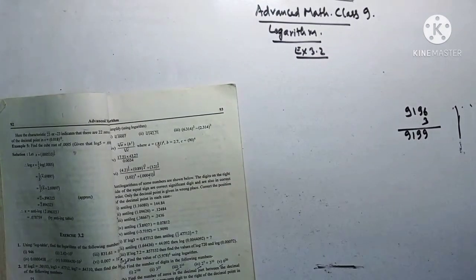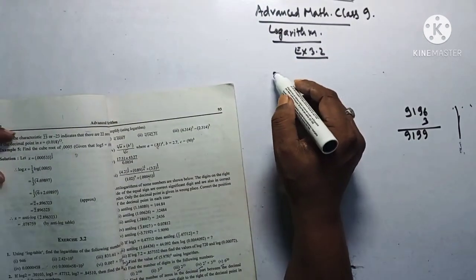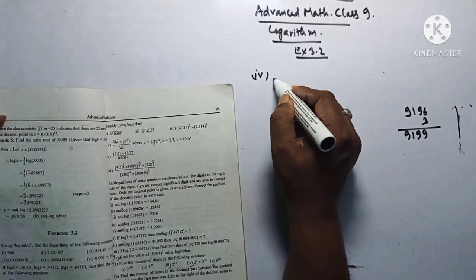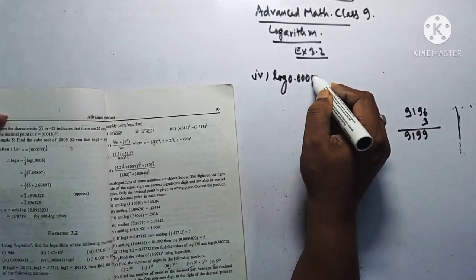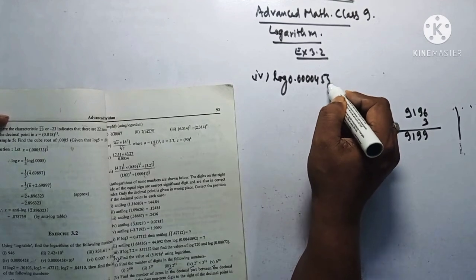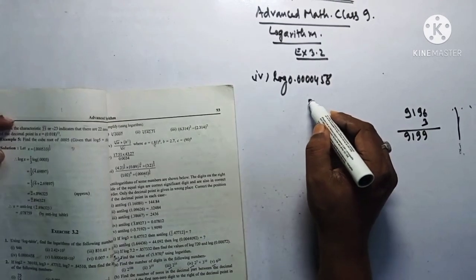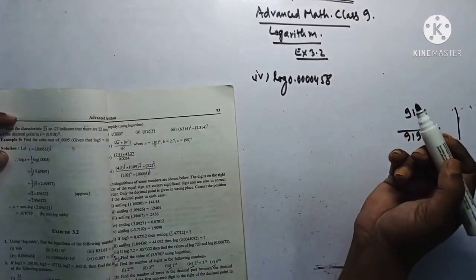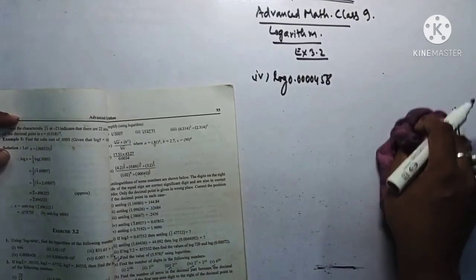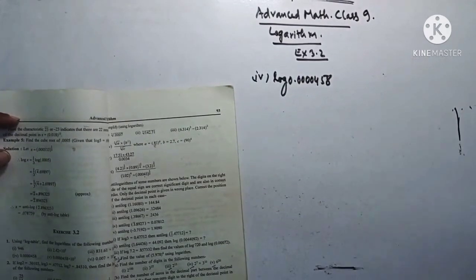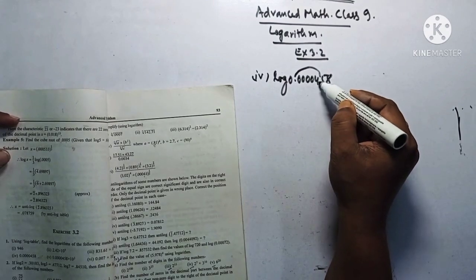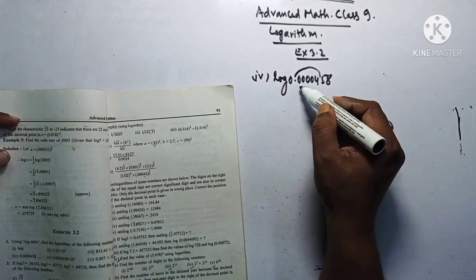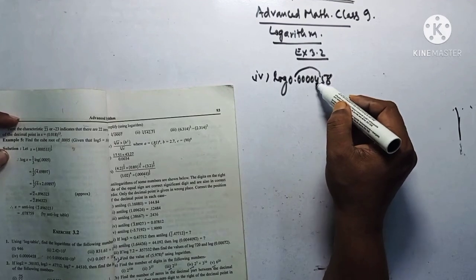Now again I have to go to question 4, that is log 0.0000458. If you have any confusion, I am going to show you one way and also another way. Here see, your characteristic will be determined by the first non-zero digit, so it has to move through 1, 2, 3, 4, 5 places.